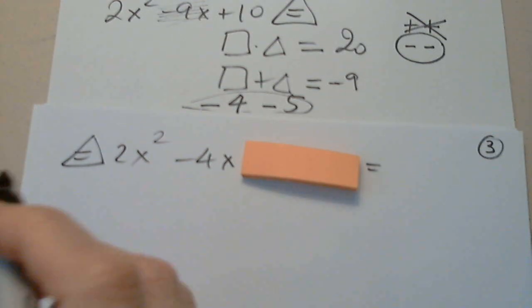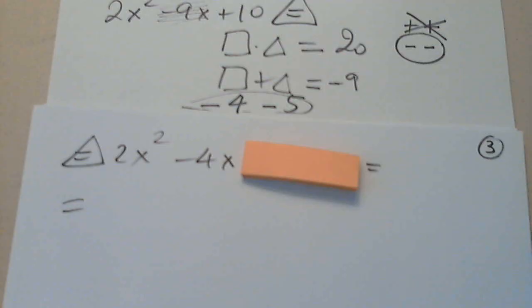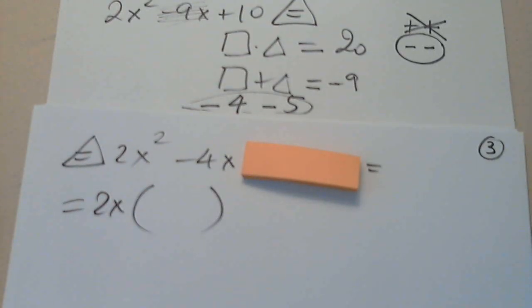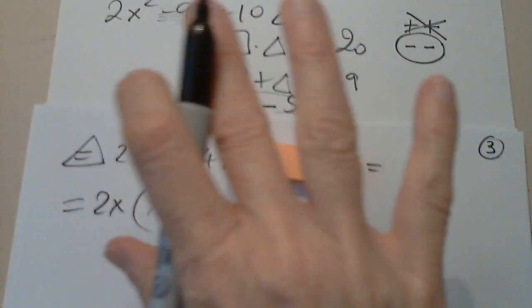I refuse to look before I determine what I need. So what do we need? 2x indeed, in parentheses. x minus 2, indeed. I do not look.